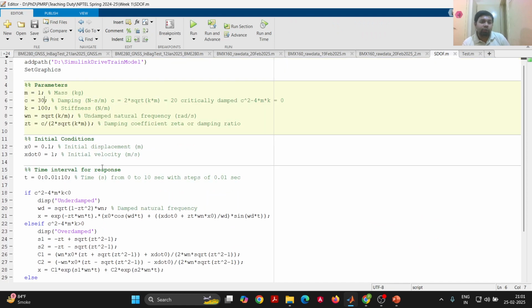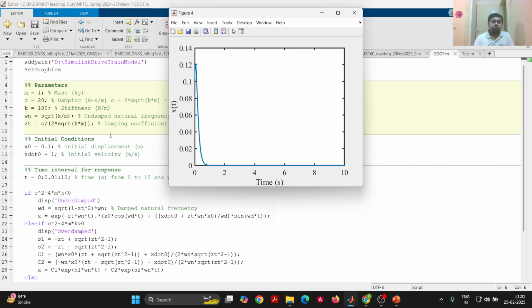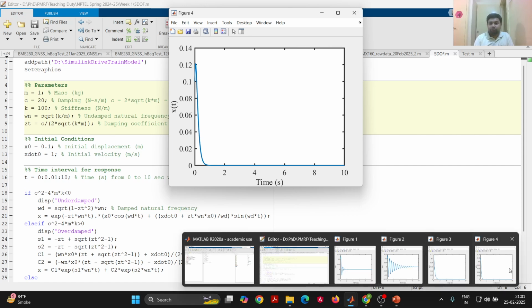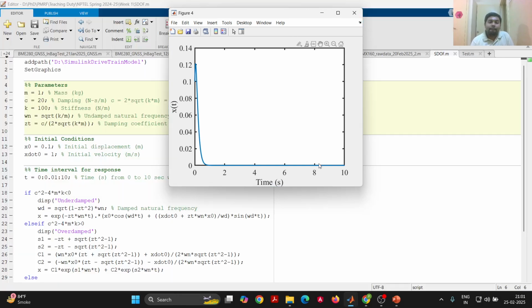And then let us come to the third case, where we substitute the value of C to be exactly 20 and then again run the code. We will again see a similar kind of response which does not involve any oscillations, and it rapidly just converges to 0.